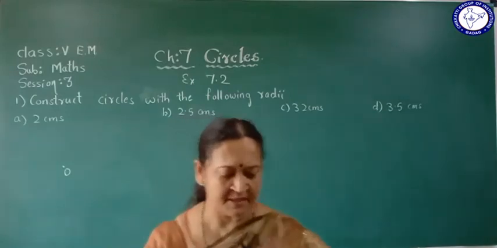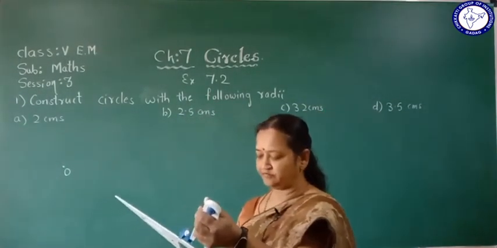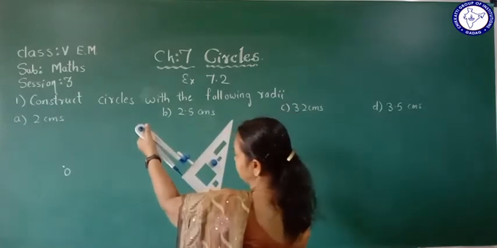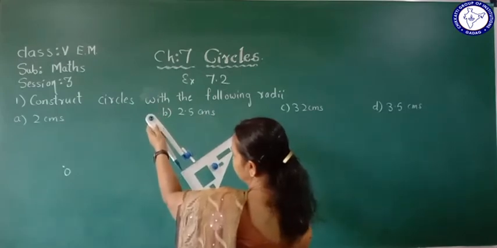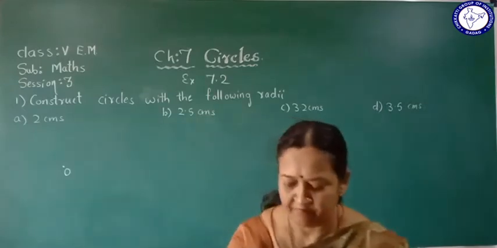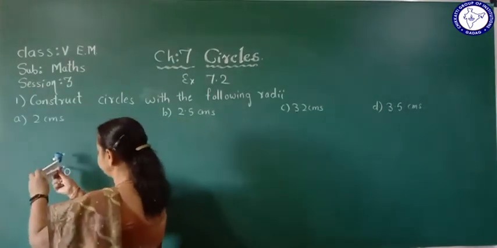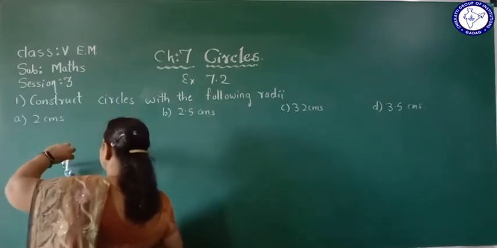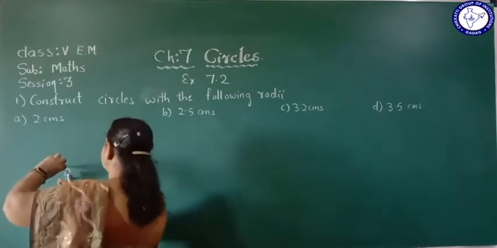Then here first let me mark the center of the circle O. Then let me measure 2 centimeters. So here this is 2 centimeters. Keep the compass on it and measure 2 centimeters. Then keep your compass on the center of the circle and draw a circle.